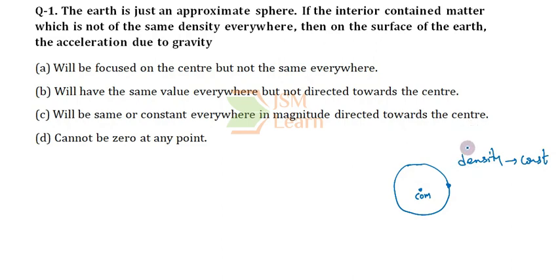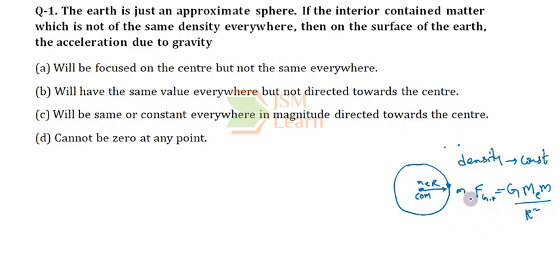Then we know that the gravitational force between two point masses is given by Fg = G M m / R^2, where M is the mass of the Earth concentrated at its center, m is a small test mass, and R^2 is the square of the distance between these two masses. The distance between the center and any point on the surface is the radius of the Earth, so R becomes capital R.